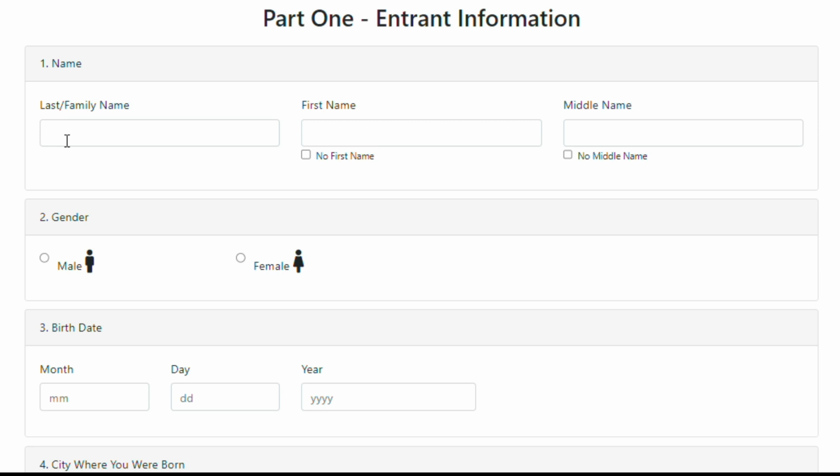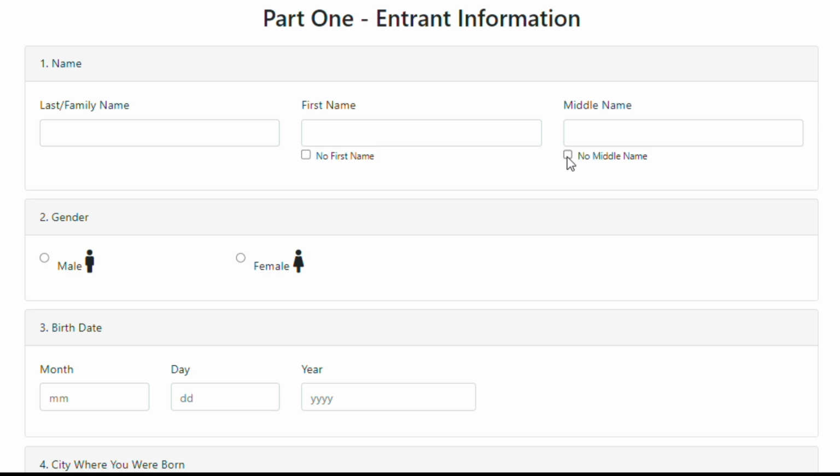So you plug in your family name first here, and it's mandatory, and then your first name and then the middle name. If you have 3 names, put your family name here, then your first name, and then the middle name. But if you don't have a first name, you can check this box here.